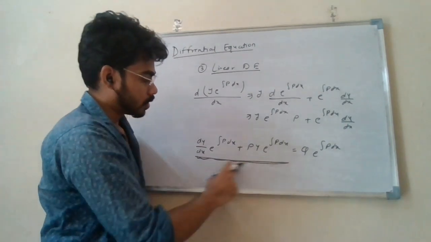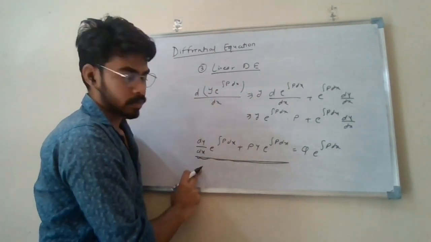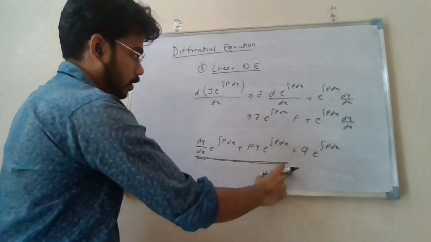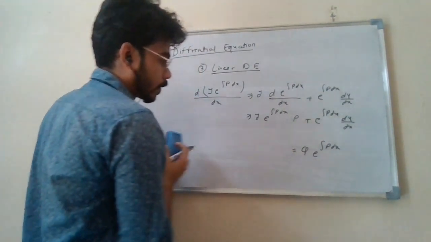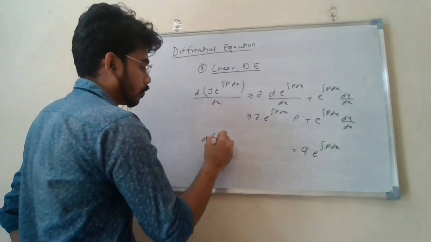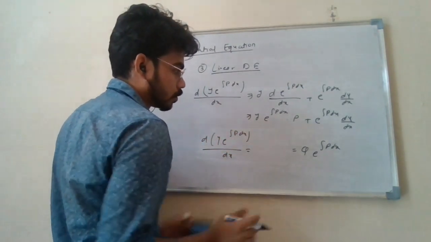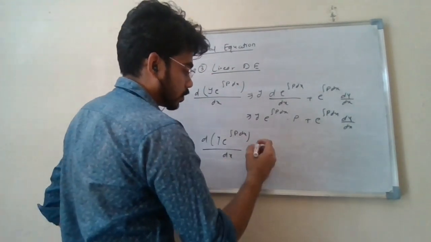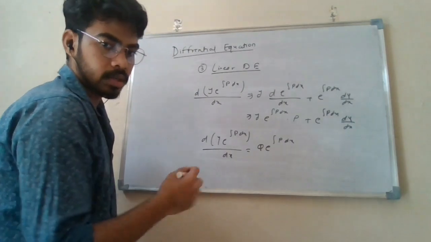That means we can write this term as the derivative of y e to the power integration of p dx. So here we can write directly d of y e to the power integration of p dx by dx is equal to, right hand side is the same, q e to the power integration of p dx, and then we just have to integrate.